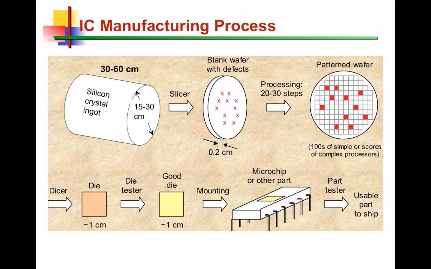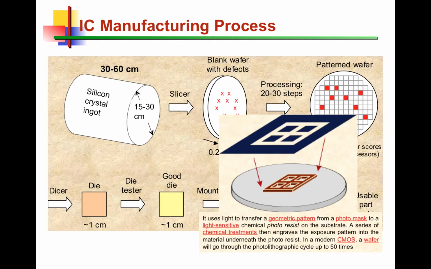It's actually replicas of a pattern that is engraved on these wafers, which is done through this mask. This photo mask embeds the design information. So all the design effort that designers spend goes into this mask, which represents the physical design of the chips that will come out of this process.